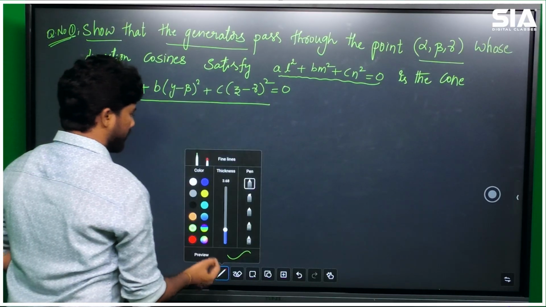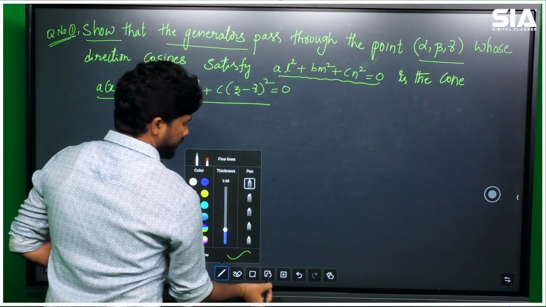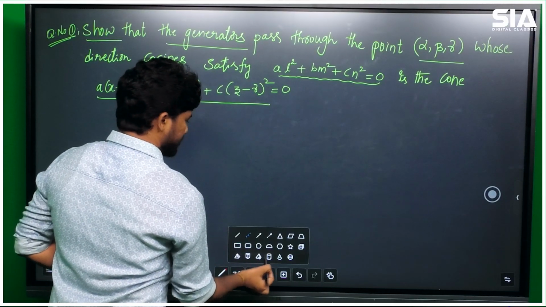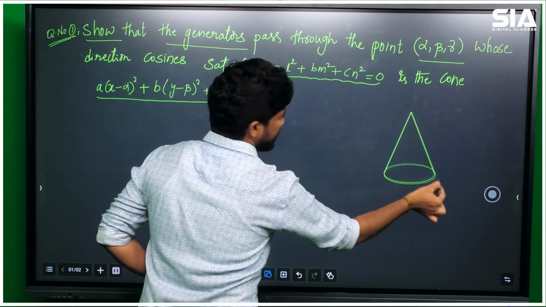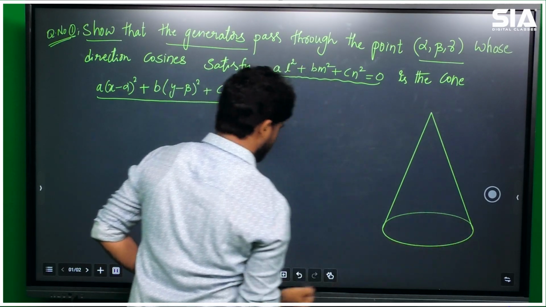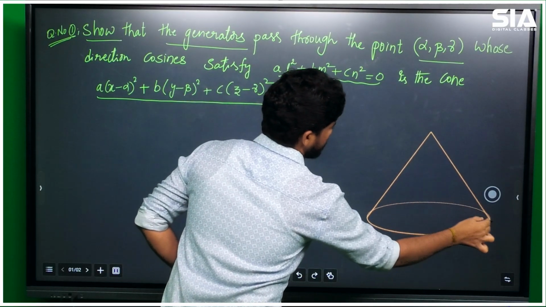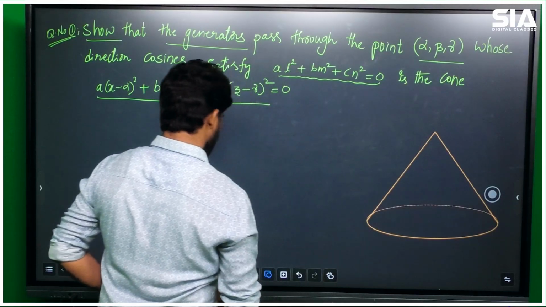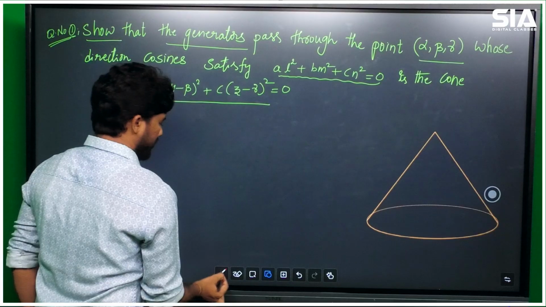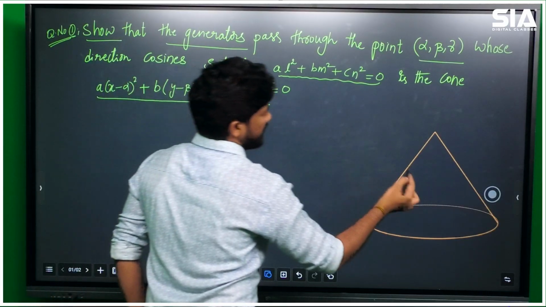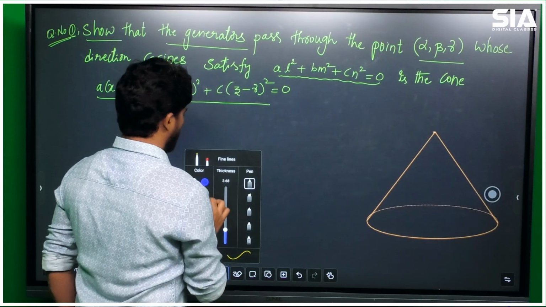So, very important problem, especially for short answer type questions. You can see, first of all, the cone equation. For this problem, the diagram is very important. Okay, so this is our cone. Now here I am taking the generators. This point (alpha, beta, gamma) is the vertex of the cone.